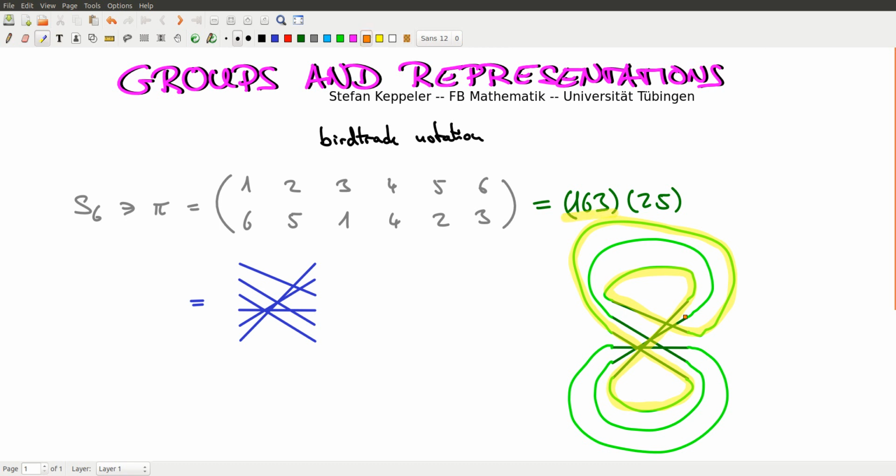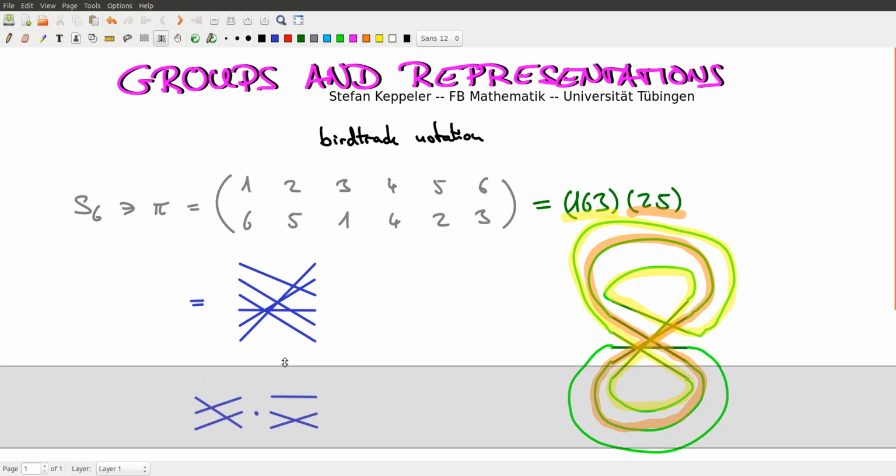And if we look at 2, and follow this line, we get this 2 cycle here, which goes twice through the center, and then there's the 1 cycle mapping 4 to 4.